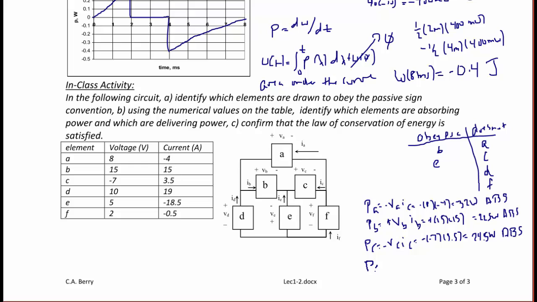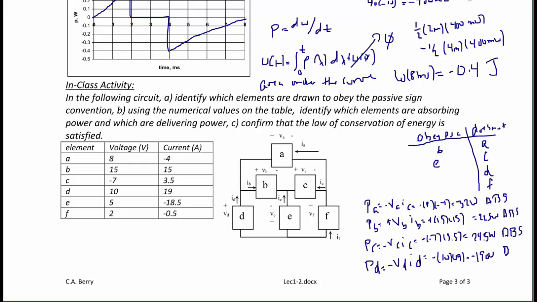Element D does not obey the passive sign convention, so that's negative VD times ID. So that's negative 10 times 19, which is negative 190 watts.